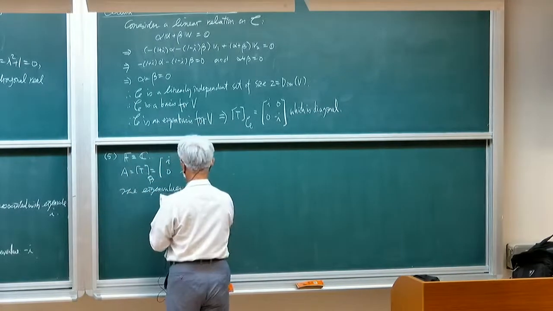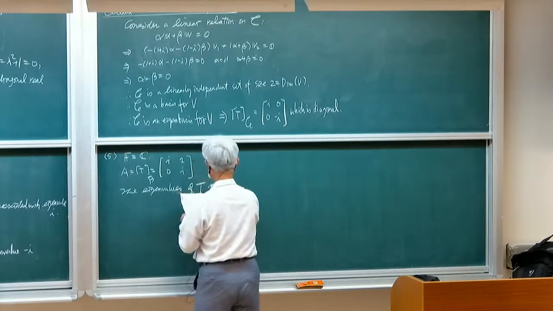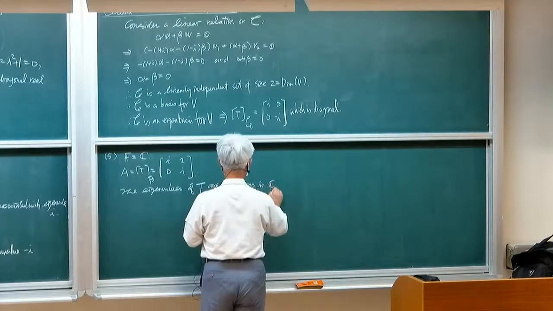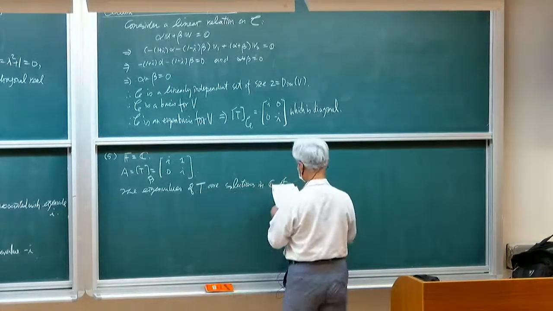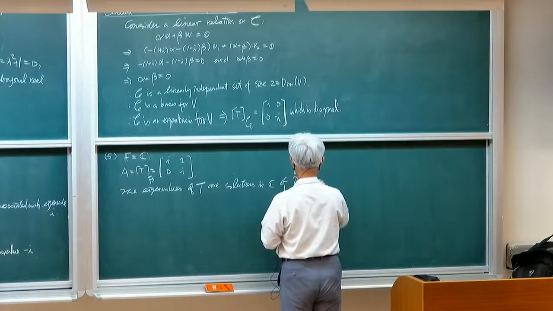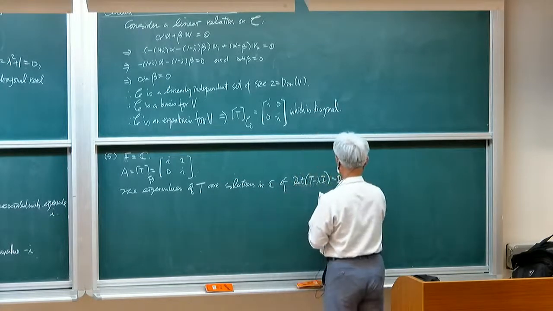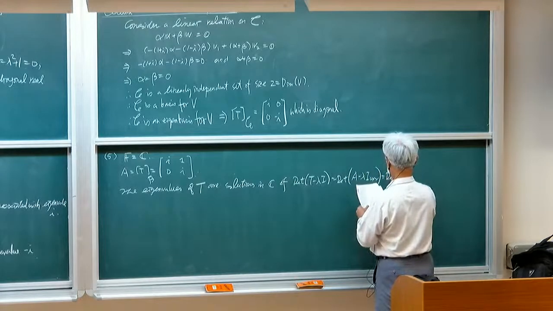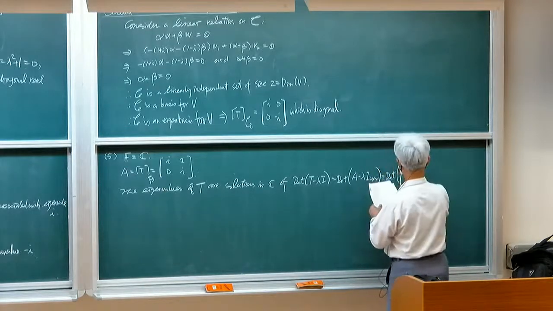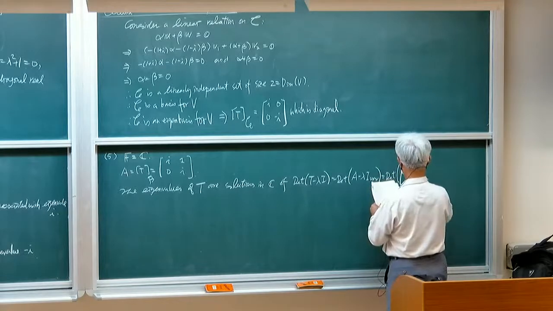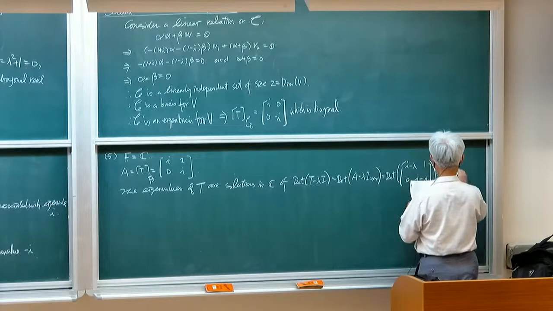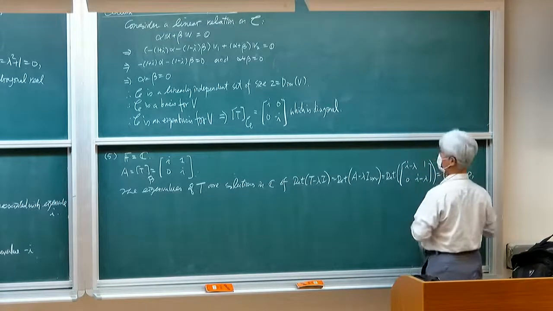So the eigenvalues of T are the solutions in C of the polynomial equation, which is lambda minus i squared equal to 0.